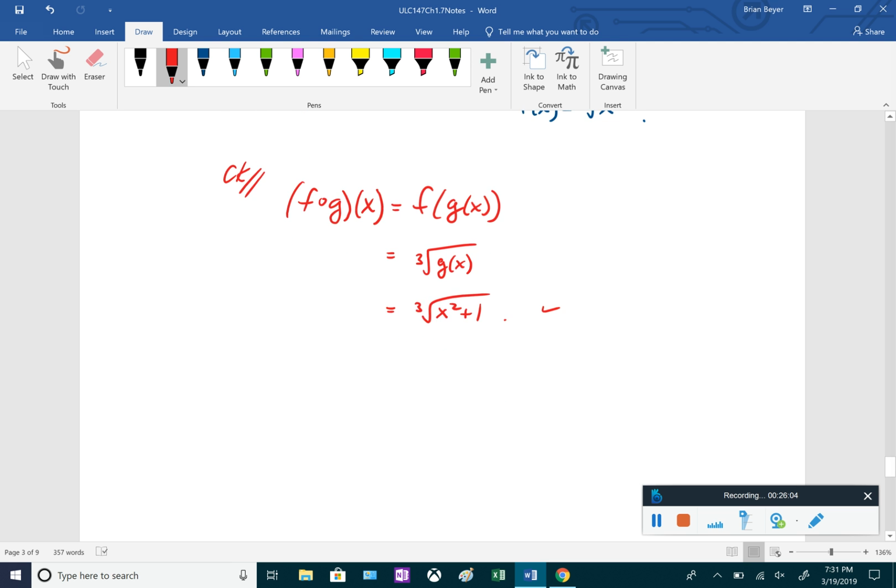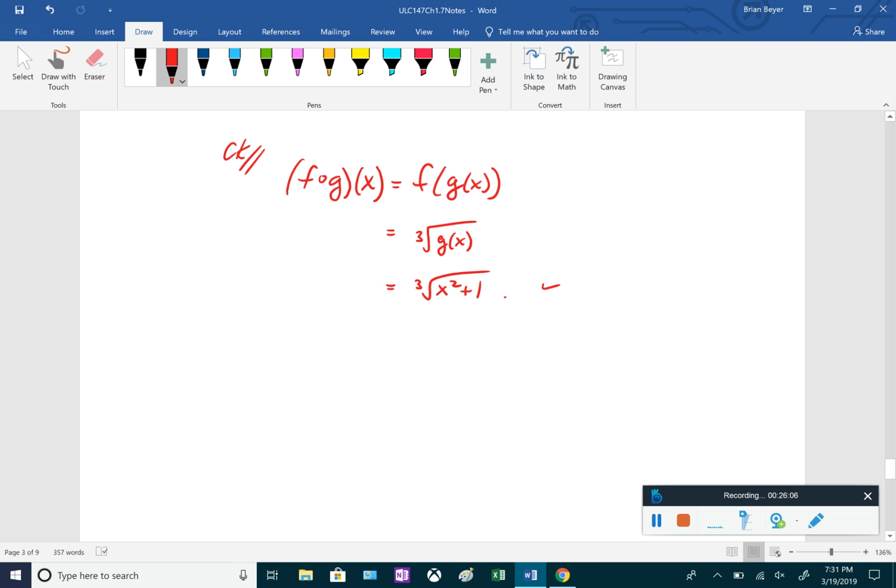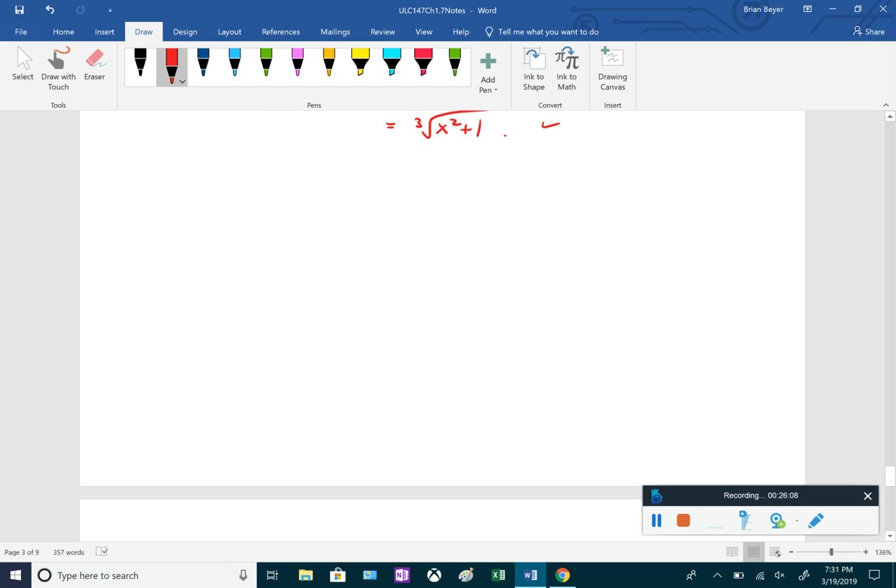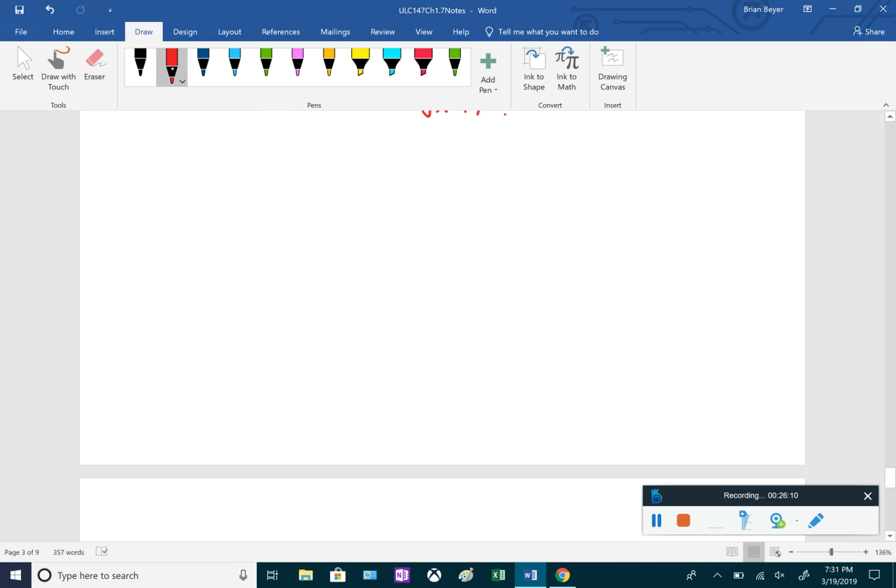When I mentioned there could be multiple ways to do this, what we could have said here, so h of x was the cube root of x squared plus 1, we could have said that f of x equals the cube root of x plus 1, and g of x equals x squared.